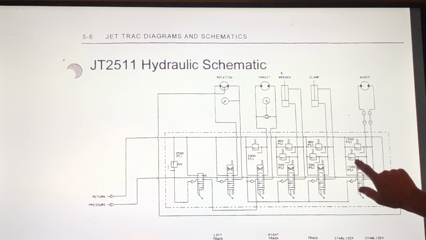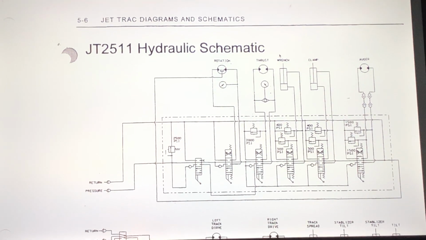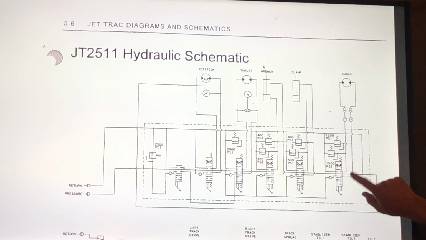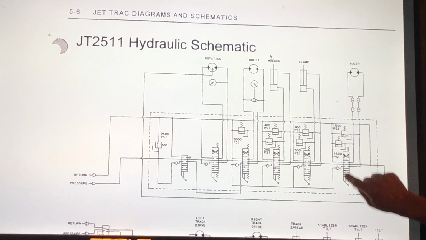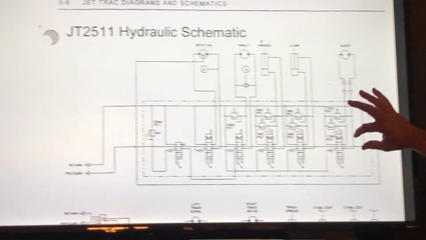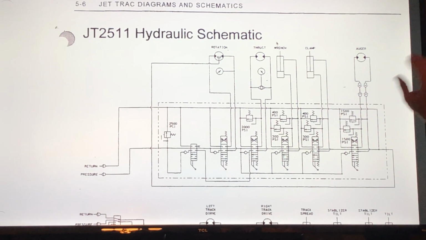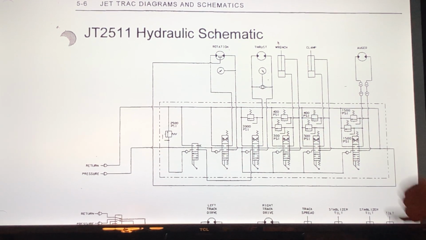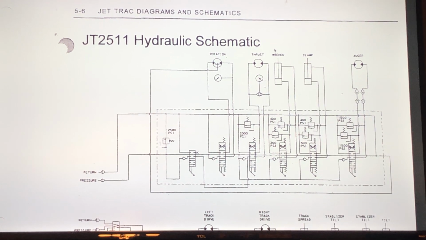Now, we have these relief valves, which are called circuit reliefs, because these are just controlling the pressure in the circuit. After the valve, when this valve is in the neutral position, work ports A and B are blocked. So there could be external forces built up in this. We need circuit reliefs. They are set at 1500 psi, which means oil goes the path of least resistance.